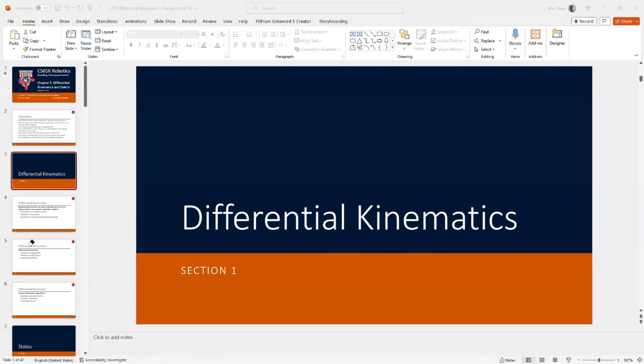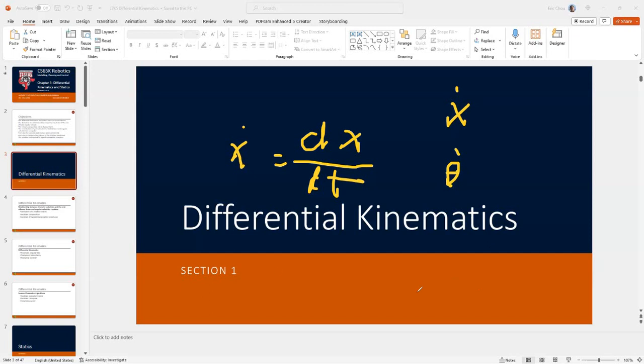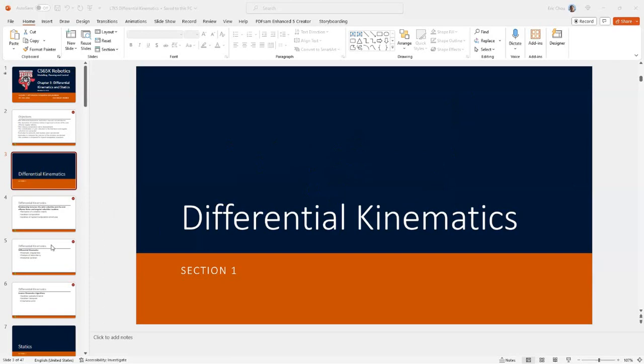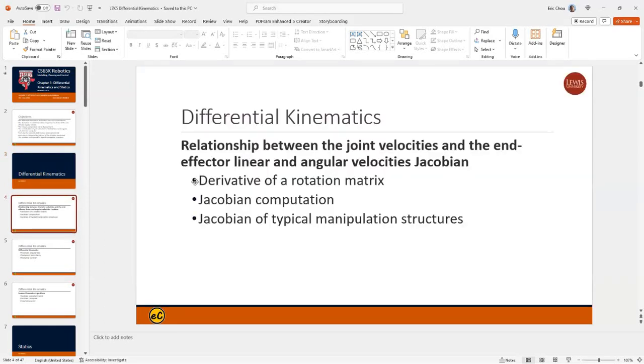Differential kinematics is like you're not looking at the coordinate anymore. When you do dx/dt, that becomes the velocity. So we talk about the speed, velocity, or rotational velocity. This is the topic of differential kinematics. Differential kinematics is a relationship between the joint velocity and the end effector's linear and angular velocity.